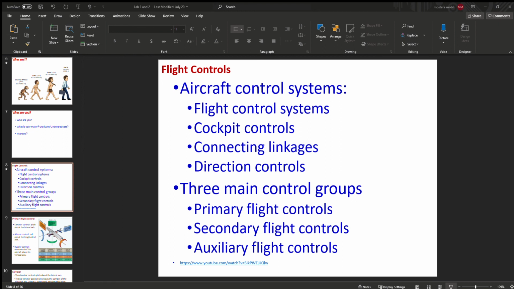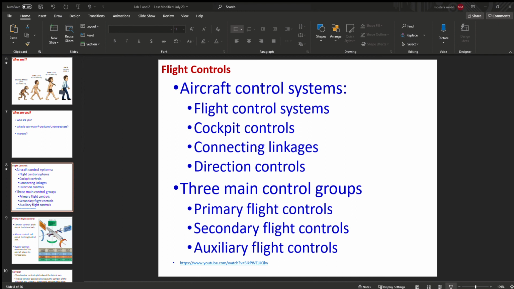So what happens is it is very sensitive to the movement, and we want to reduce its sensitivity. So we introduce an anti-servo tab at the end of the elevator to decrease its sensitivity.